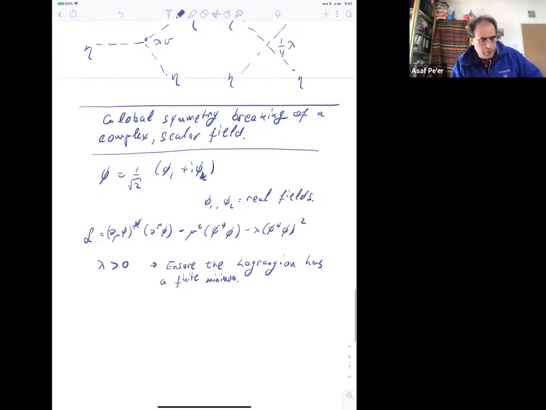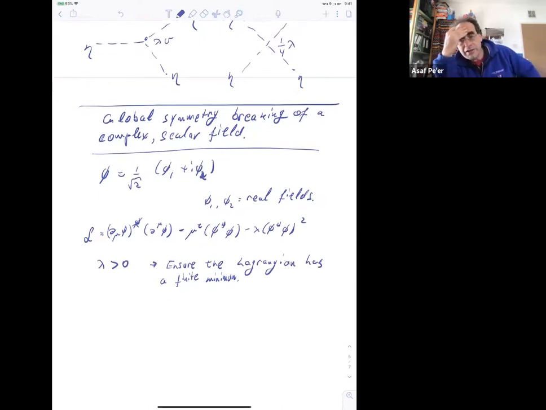Now, just by looking at this Lagrangian, it's clear that we have an invariance under global U1 phase transformation.